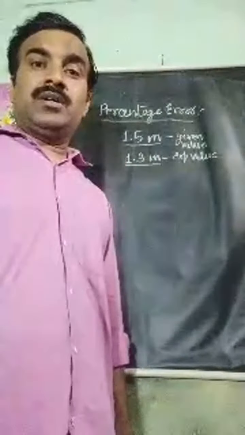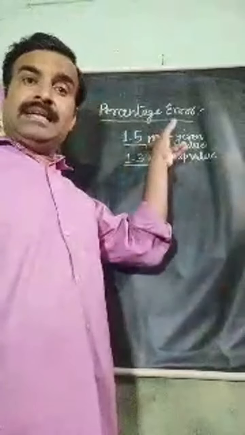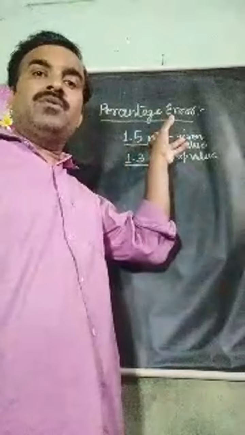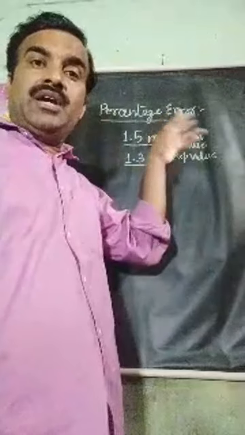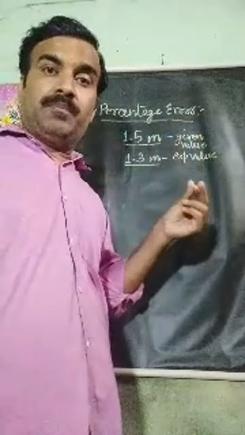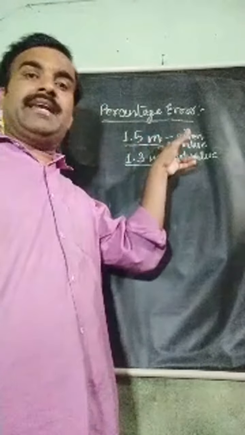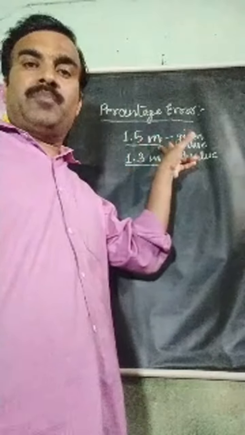So that means some error in terms of percentage. That means how much percentage change in the given actual value. Again, I'm telling this thing, try to understand this one. If you want to calculate how much the percentage error is in the given actual value, then easily you can calculate it by using one formula.